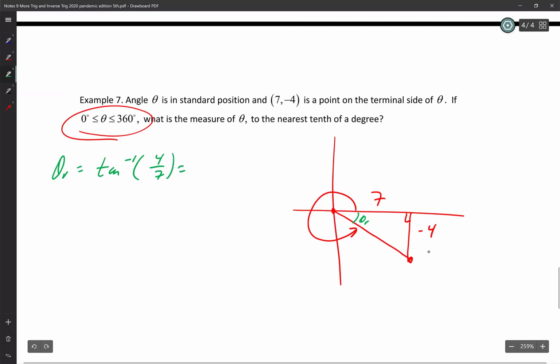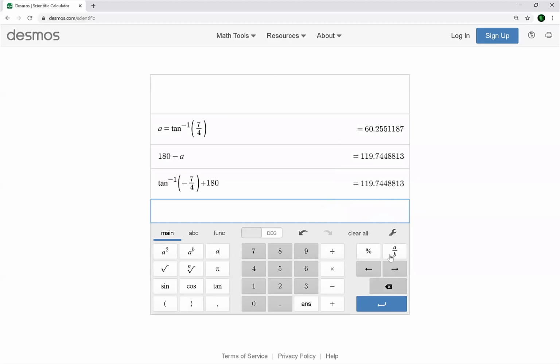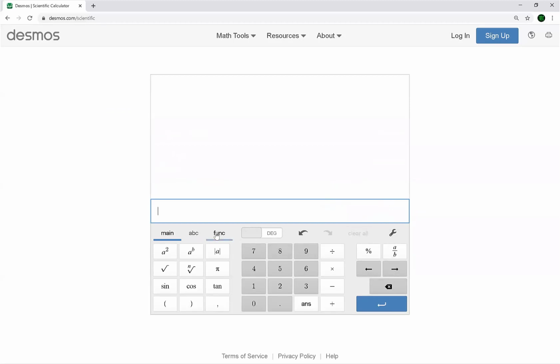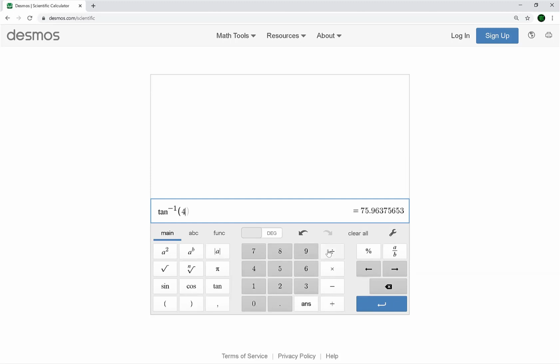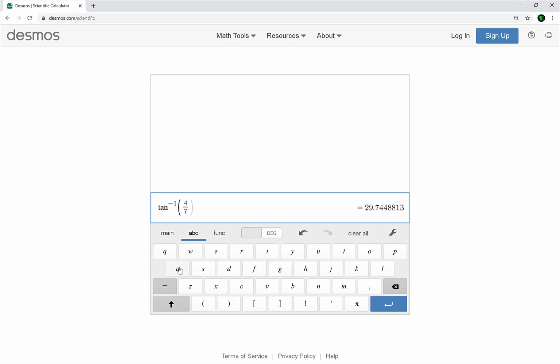Arctan, go to Desmos. Notice the other one was 7/4, so I got to clear all here. So I'm going to go arctan of 4 over 7. And there it is, 29.74. So I'm going to put A equals that. And then I'm going to start a new line.